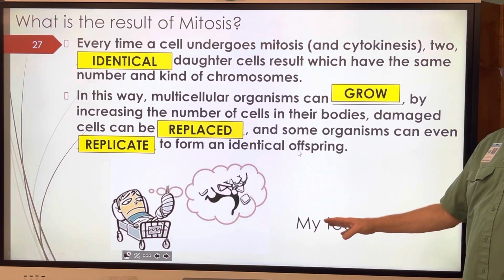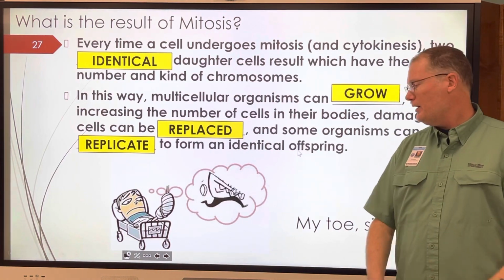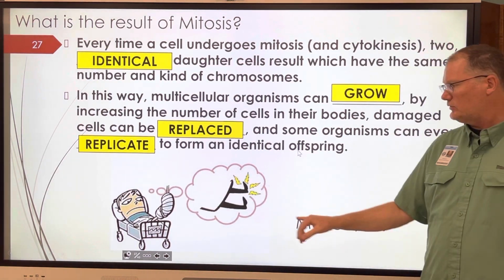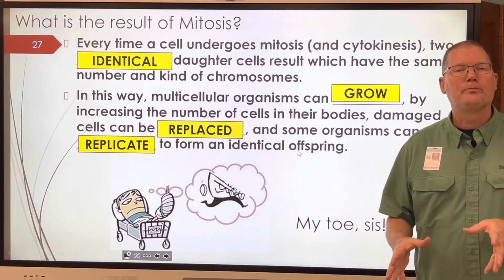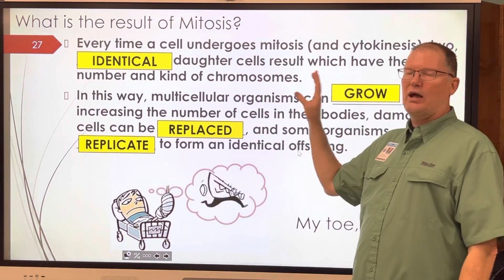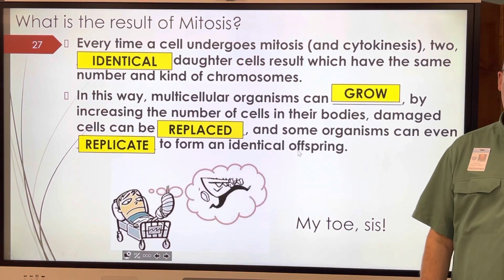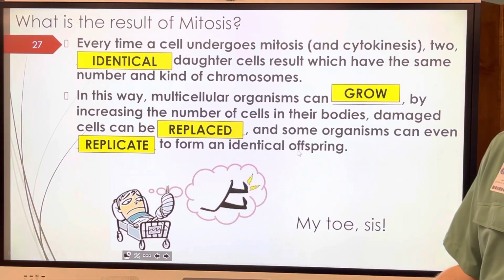A way to remember, because you're going to have to learn another word that sounds like mitosis in the future: if you hurt your toe, how does your toe fix itself? How does it repair? How do you grow? Mitosis. So remember mitosis.